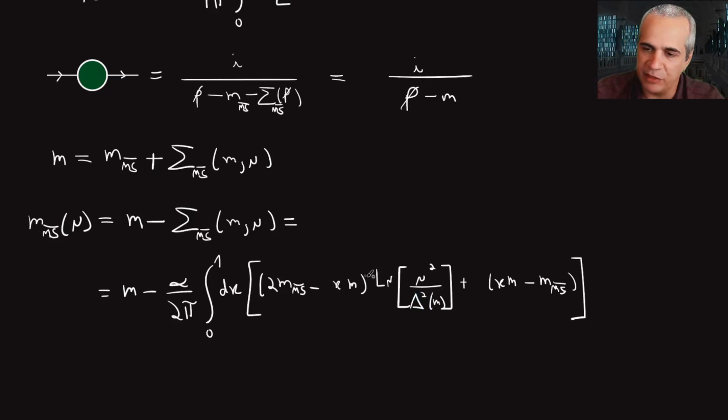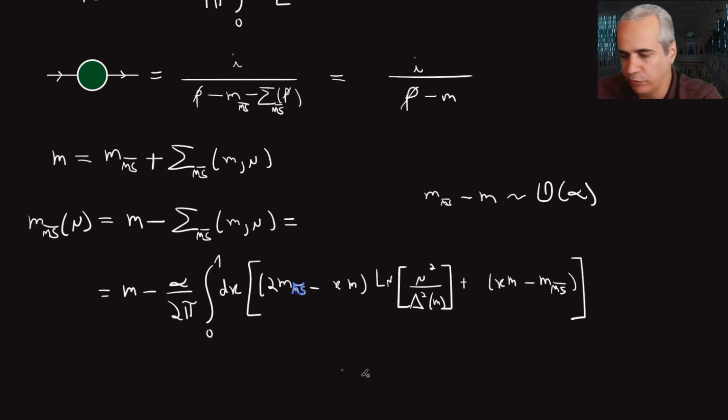Now, the difference between the ms bar mass and the physical mass, right? The difference between them is a correction of order alpha that you can see here, right? So I can iterate that here, and the difference in all these expressions will be order alpha square.